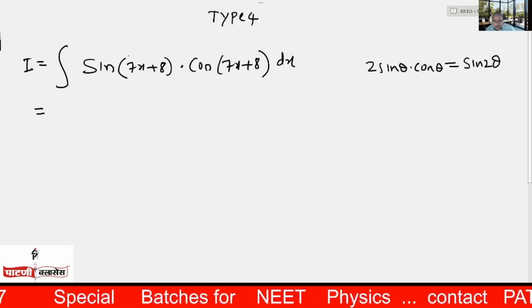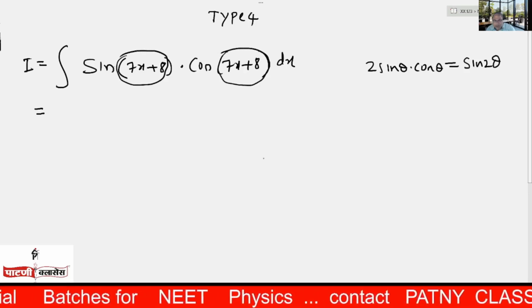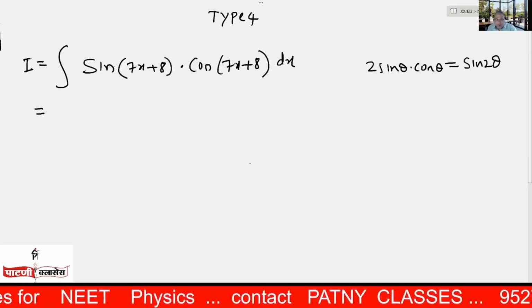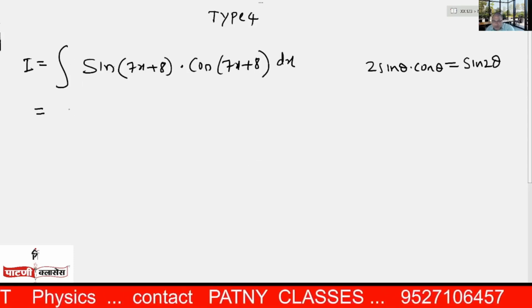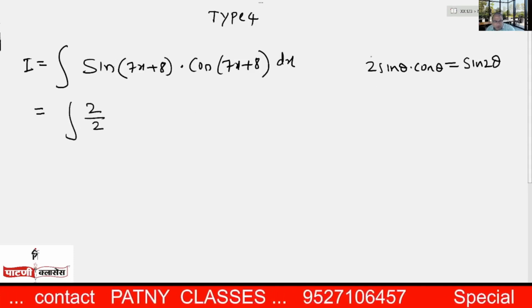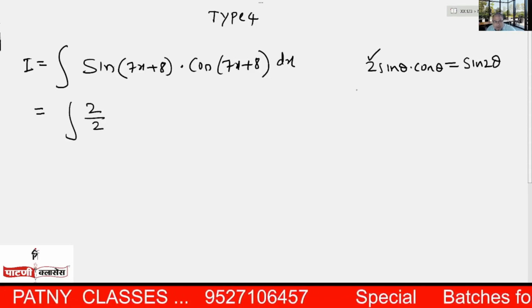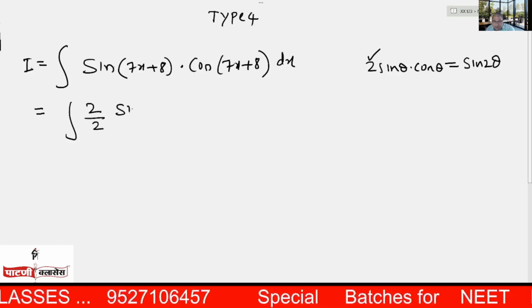Here we observe that both sin and cos bear 7x plus 8. Therefore we can go for that formula, but there is no 2 available here. To create the 2, we are multiplying and dividing by 2.